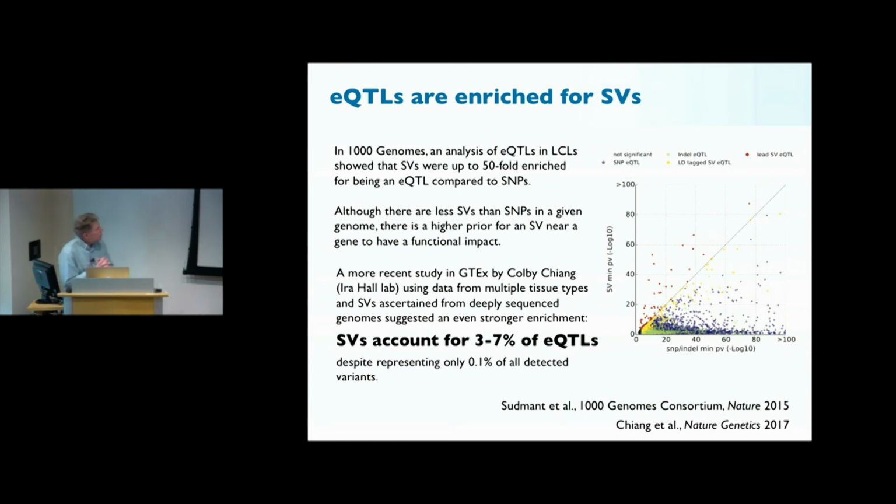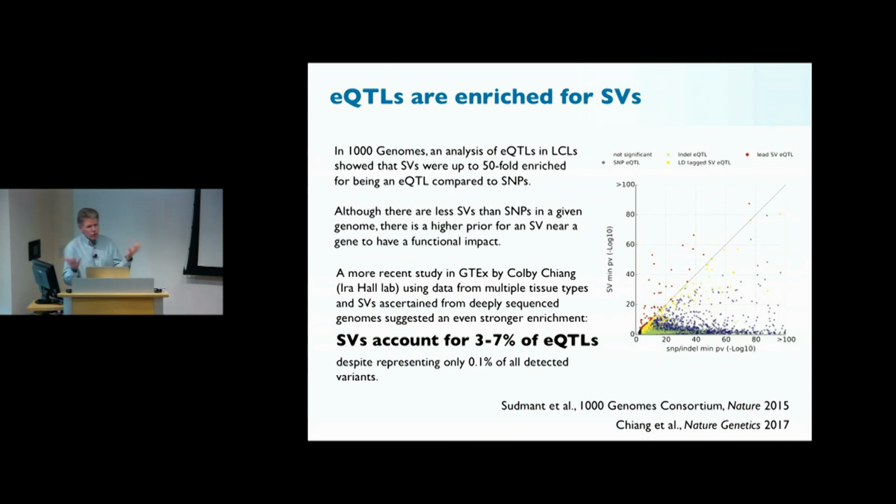And in the 1,000 Genomes study, they took a look at this, and they found that when they looked at eQTLs in lymphoblastoid cell lines, the eQTLs were enriched up to 50-fold for being caused by structural variation. And then in a more recent study in GTEx by Colby Chiang and Ira Hall's lab, they did a similar analysis, and they found that up to 3 to 7% of the eQTLs are likely to be driven by structural variants, even though the structural variants were 0.1% of the variants they were actually testing to be eQTLs.